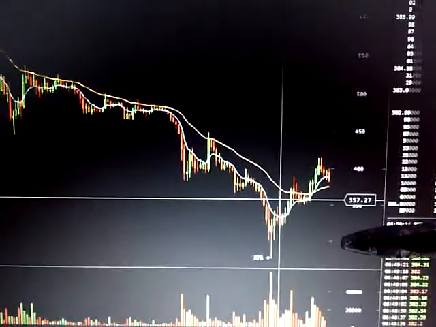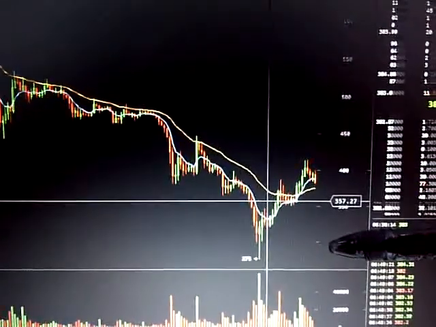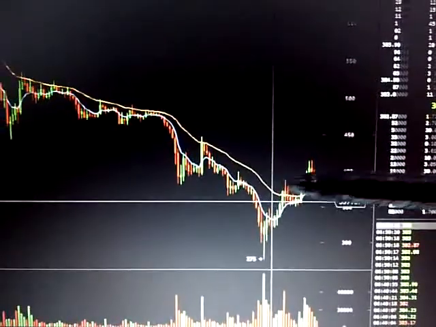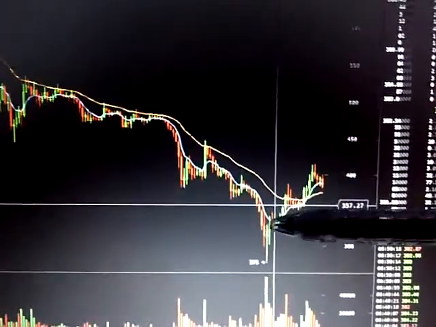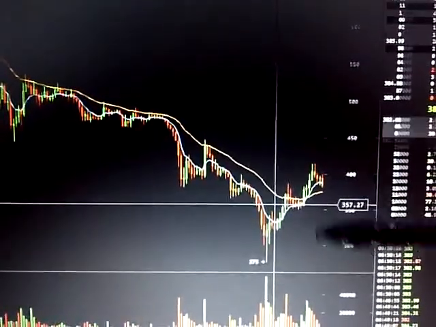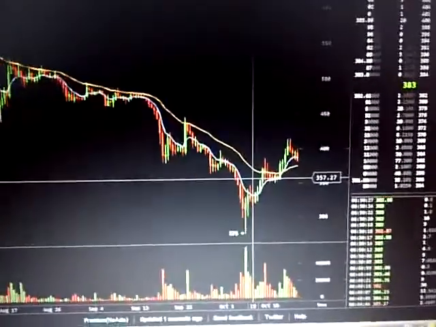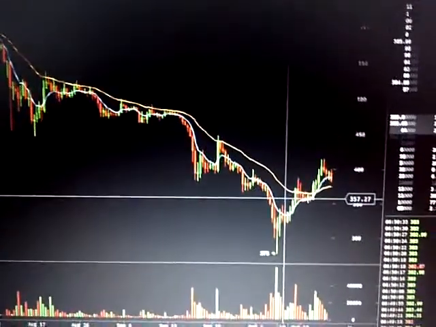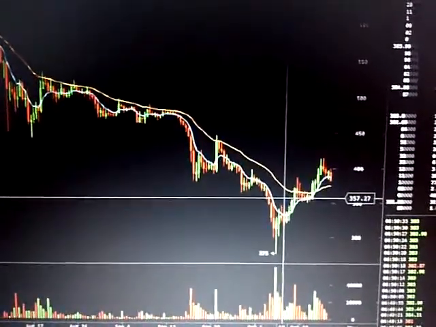So if you haven't already, you should probably put something here at 300, just in case. Because it's retesting the 400, and like I said, I think it might range between here, because that's when the trend changes, it'll go up and down before it finally figures out what to do.